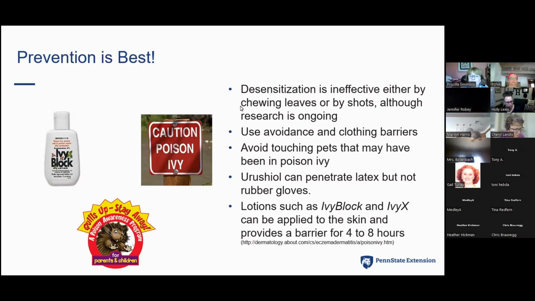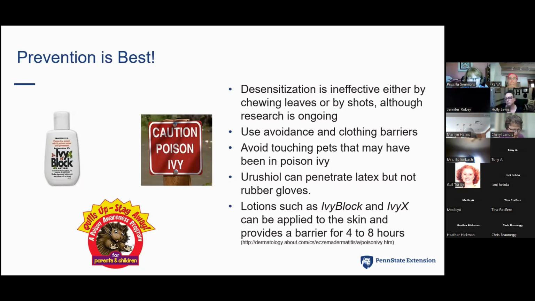Desensitization is ineffective either through chewing leaves or by shots, although research is ongoing. That was the latest that I found, and I cannot promise you that you won't come across research showing that desensitization is possible.